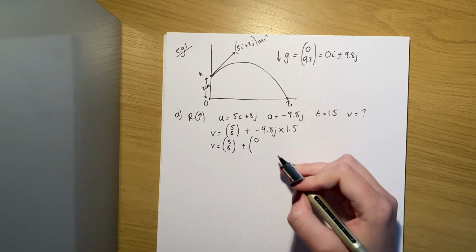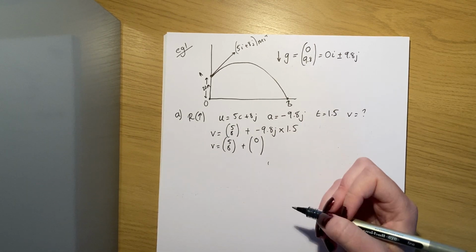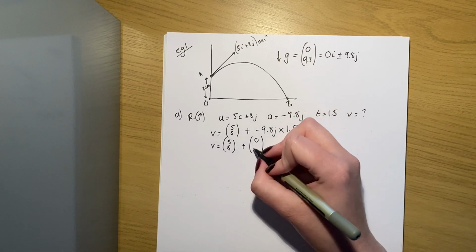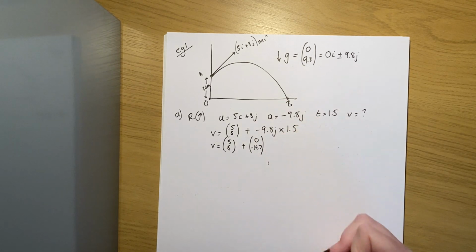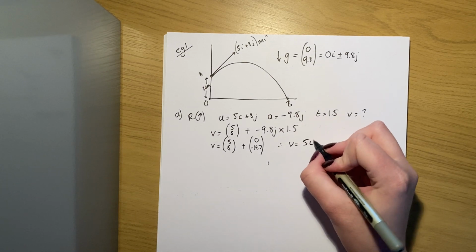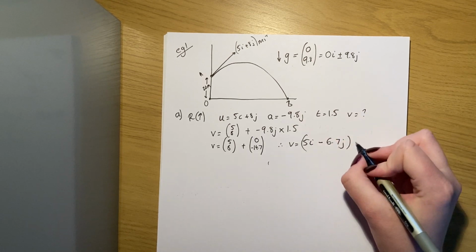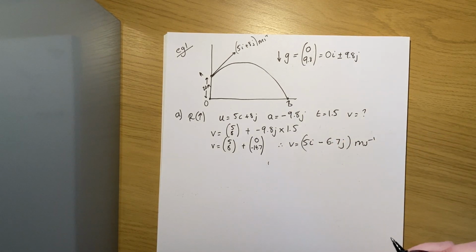I don't really know why I did it that way, because it'd be 0i. Negative 9.8 times 1.5 is negative 14.7. So therefore v is 5i minus 6.7j meters per second is the velocity.